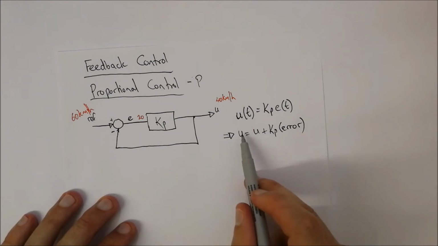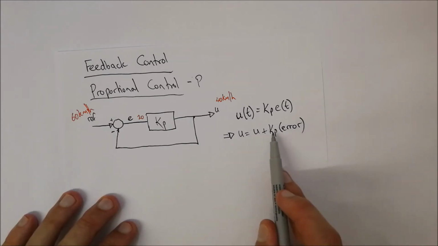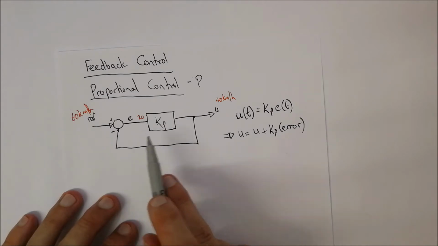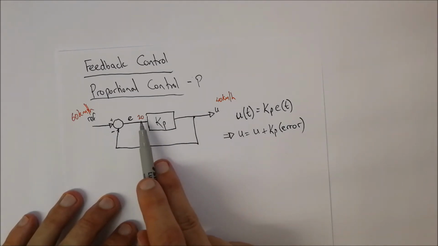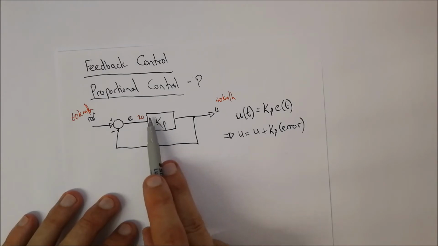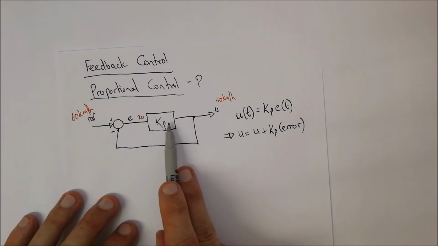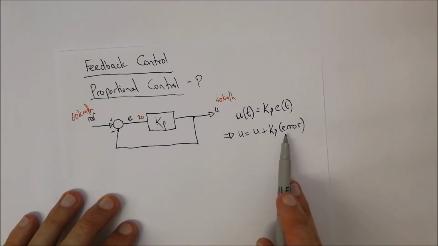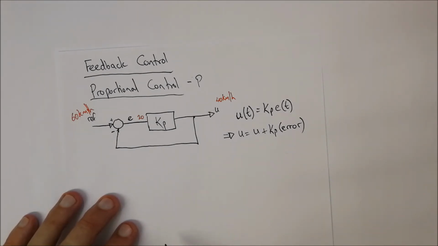Okay, so our output is equal to whatever the output was, and we add this error to it multiplied by Kp. So that's how we would be able to obtain 60 kilometers per hour over there, because if we took this 20 kilometers per hour multiplied by the constant of 1 for Kp in this scenario, that would be equal to 20, plus the 40 kilometers we had over there, will give us equal to 60 kilometers per hour.